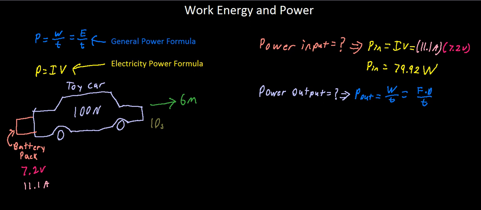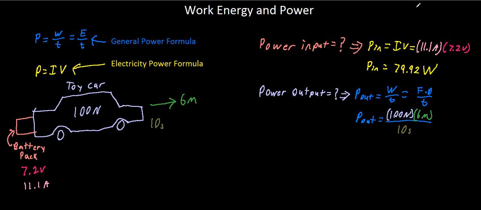That makes this formula super easy to figure out because we know what our force, distance, and time all are. We just plug in our numbers. We'll start with our force, which is 100 newtons from the car, multiplied by the distance, which we said very simply was 6 meters. And then the time on the bottom is just 10 seconds.